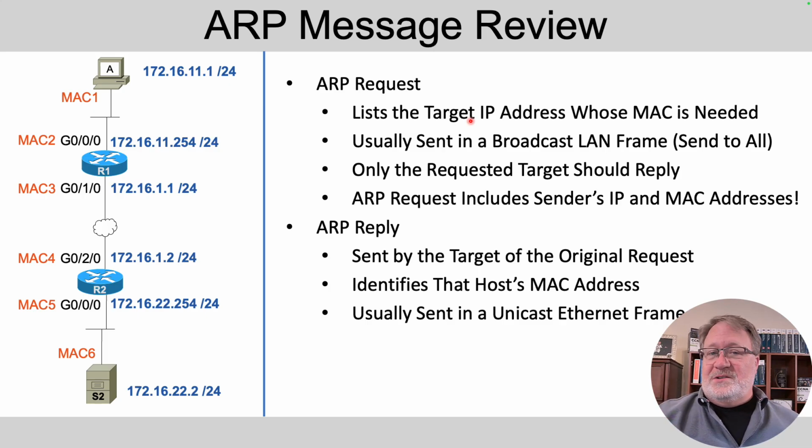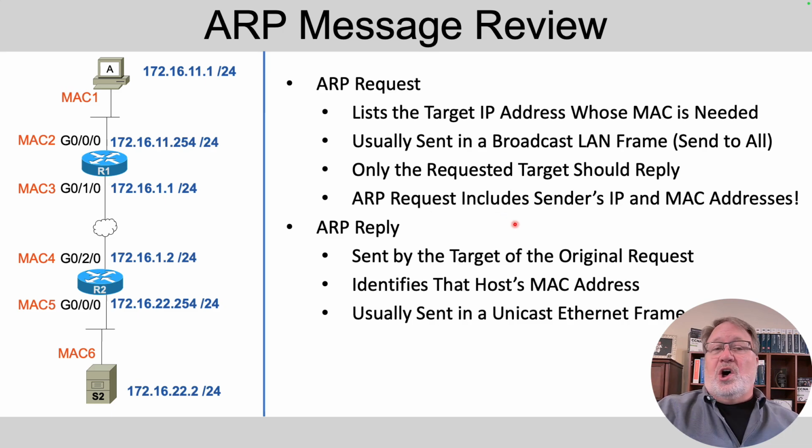So we know the IP address, or the thing that creates the ARP request knows the IP address, wants to learn the MAC. And it's usually sent in a broadcast LAN frame, encapsulated in a broadcast LAN frame with the idea of, hey, everybody on this LAN, please consider this, with only the requested target sending a reply. So everybody here, target please reply.